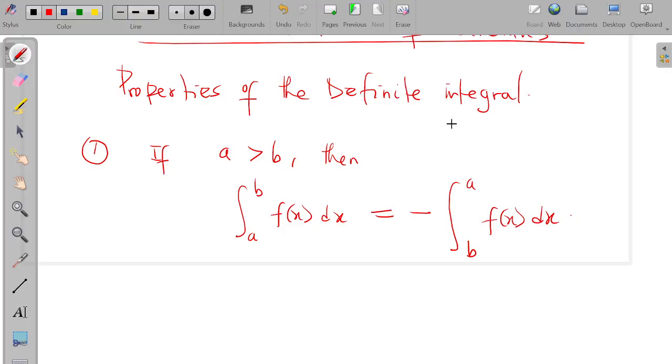So if we change the limits, the negative will come in front of the one that changes.